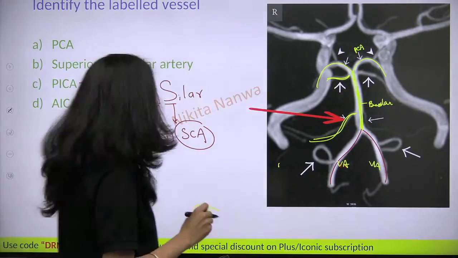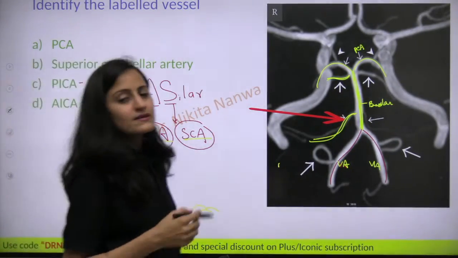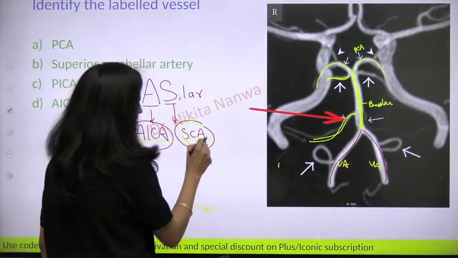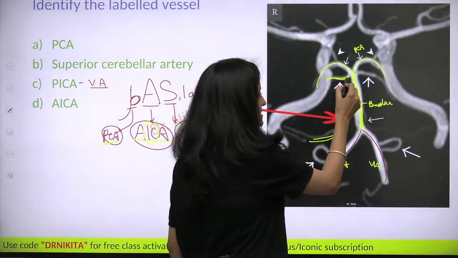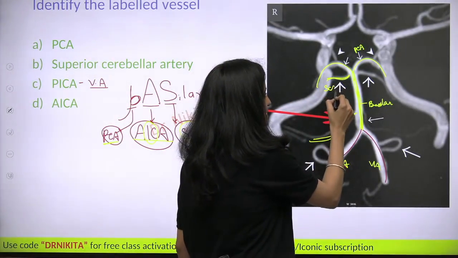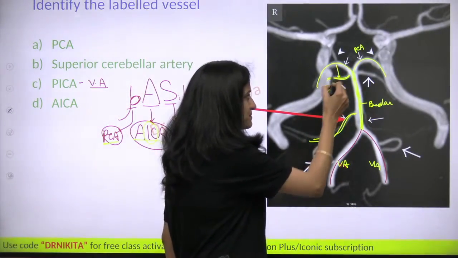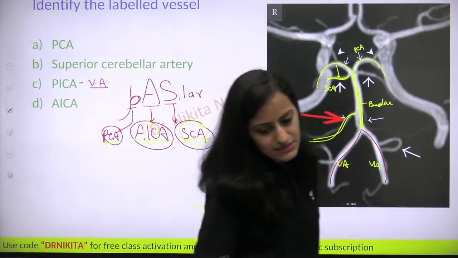What are the branches we saw from basilar? PCA, AICA and SCA. Thinking logically, which one will be located superiorly? Superior cerebellar artery. Inferior cerebellar artery will be below. So the branch just below the PCA coming from the basilar is your superior cerebellar artery.